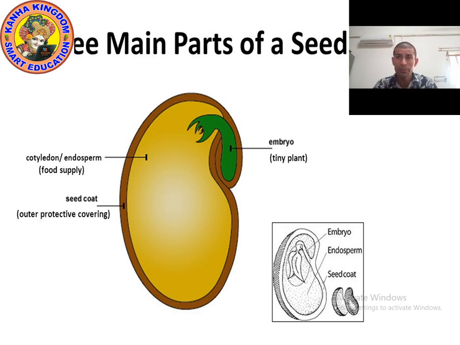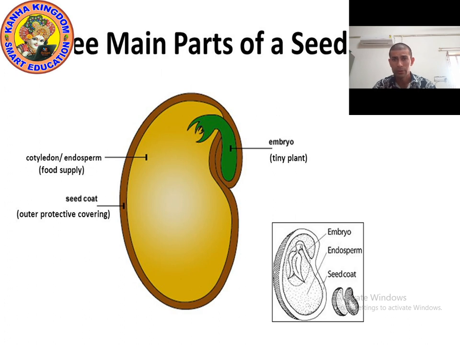Can you see the embryo, the picture of the embryo in yellow color? Yes, it is the embryo. So in the embryo a tiny plant is present. So the embryo develops into a plant, and it gets food from cartilage, which stores the food.